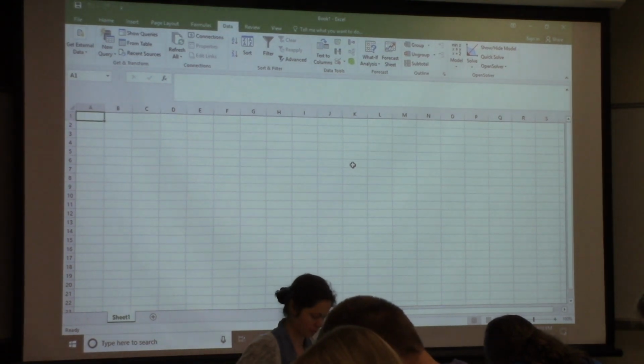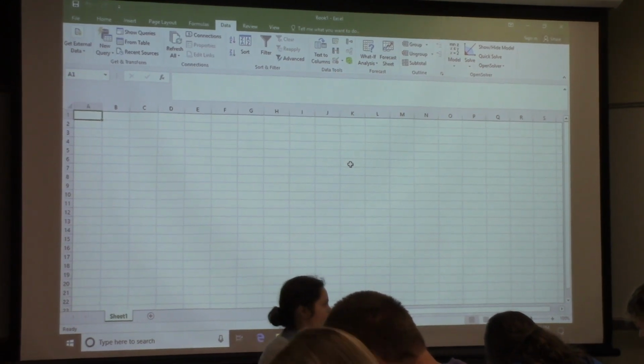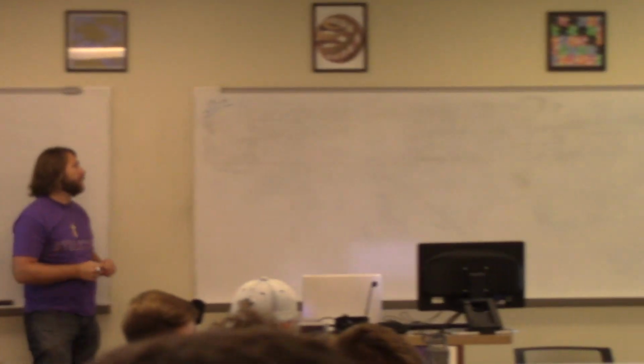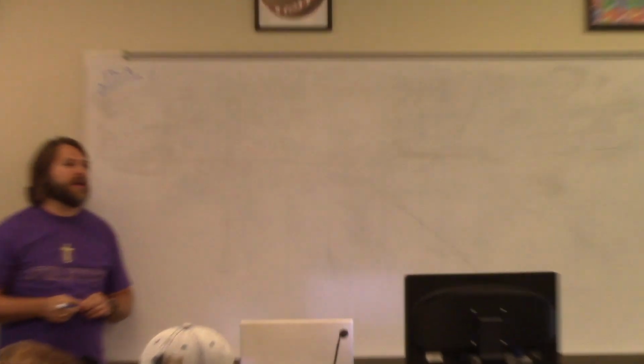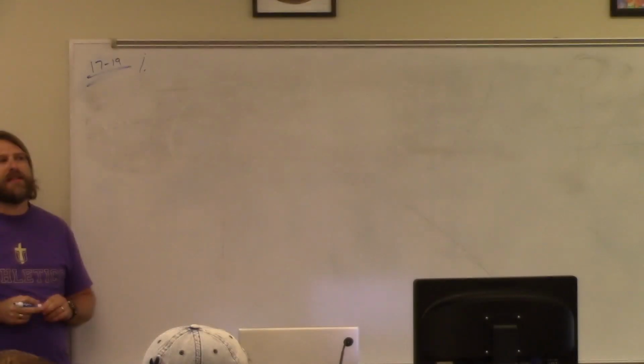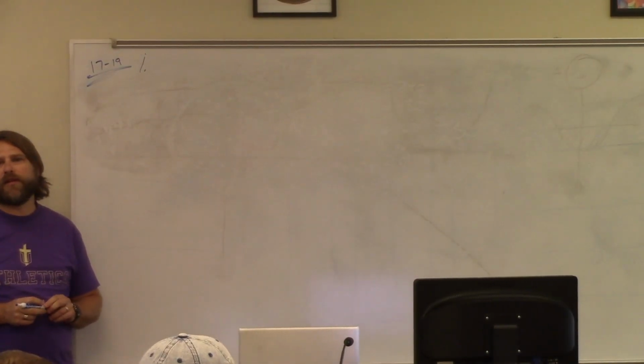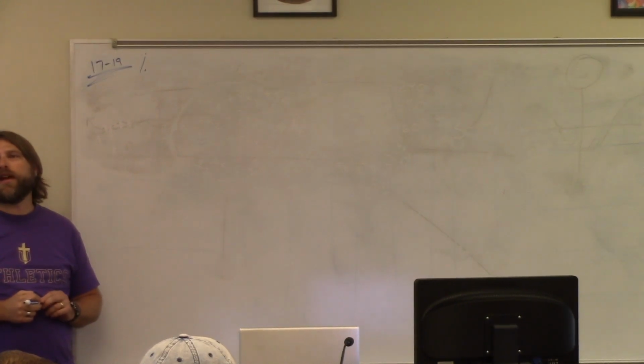So step one for our word problems, what are you trying to do? What are you trying to figure out for that problem? For 1719, what's the objective of this company? Or not the objective. What are they trying to figure out?